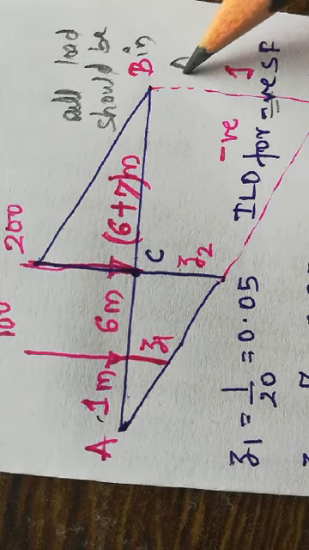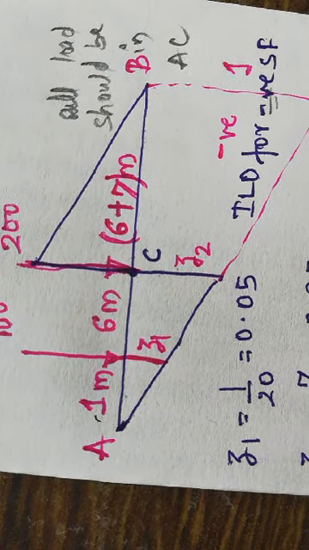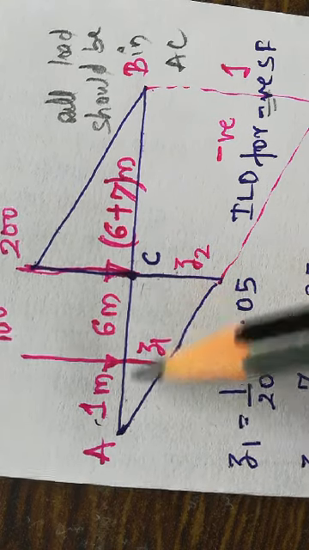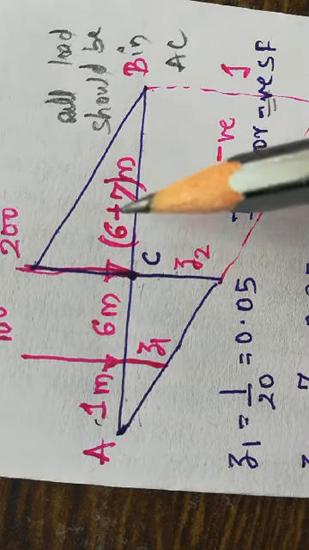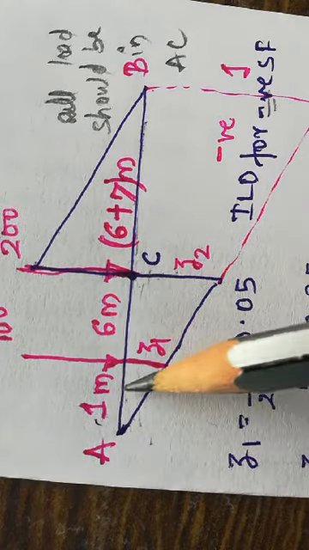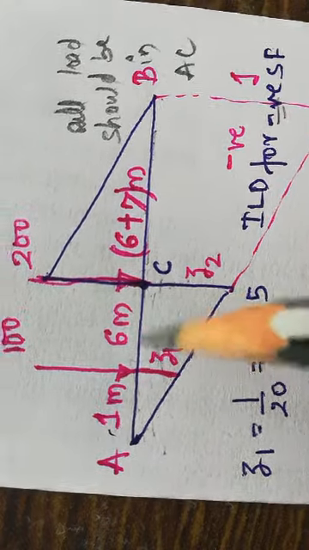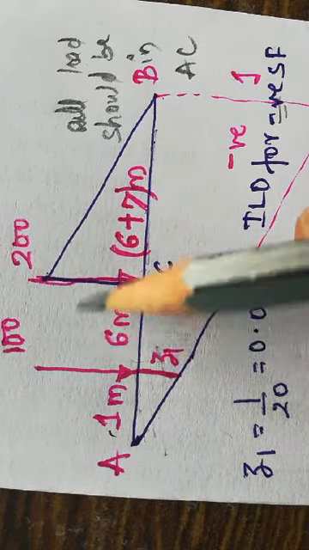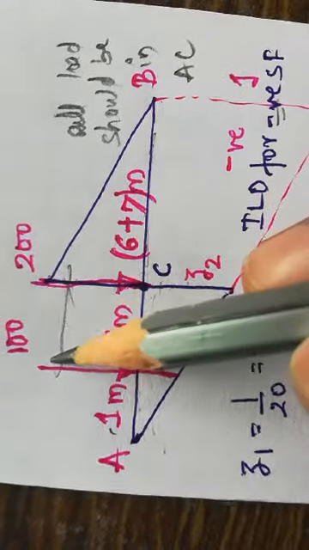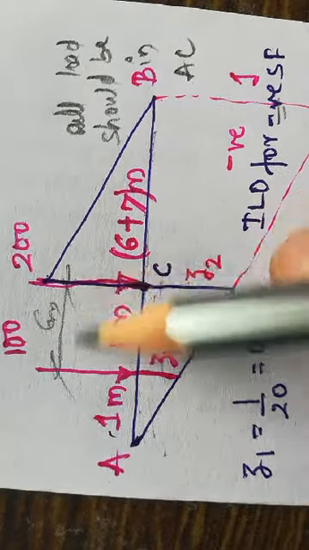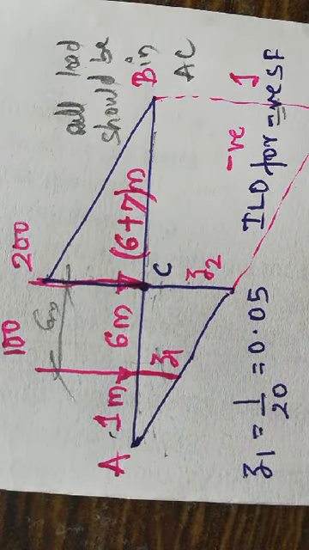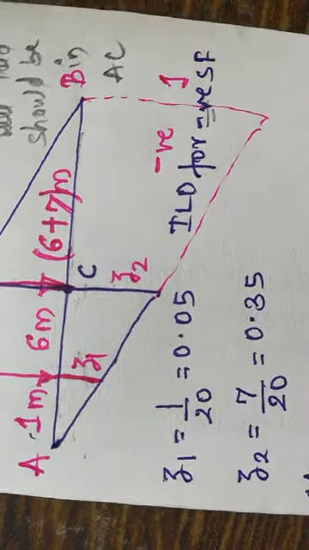I have placed the loads in the AC section and rearranged the distances. From C to B the distance is 13 meters and AC is 7 meters. In that, the distance between 100 and 200 kilonewton is fixed, so we cannot change it, and the remaining distance is 1 meter from this triangle.